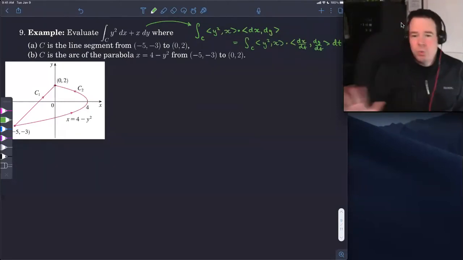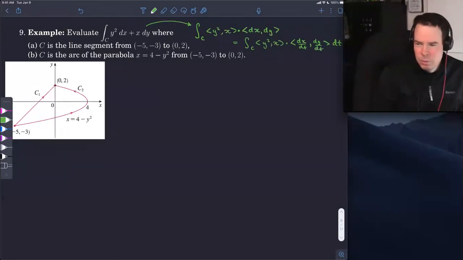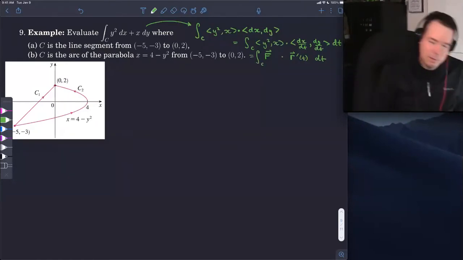So this is just shorthand notation, and I'm just unpacking the notation into a form that we can actually compute with. So I've unpacked that strange notation given in the question, and it really is just a dot product of our vector field dotted with r prime of, let's throw in a variable t, dt. So it's really just unpacked to that.